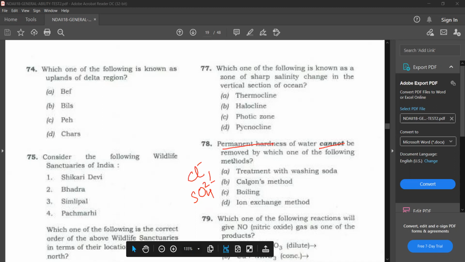This removal is not possible by boiling. So boiling cannot be the method to remove permanent hardness. The other three methods, that is treatment with washing soda, Calgon's method, and ion exchange method, can remove permanent hardness. Boiling cannot remove permanent hardness. So that is the correct answer.